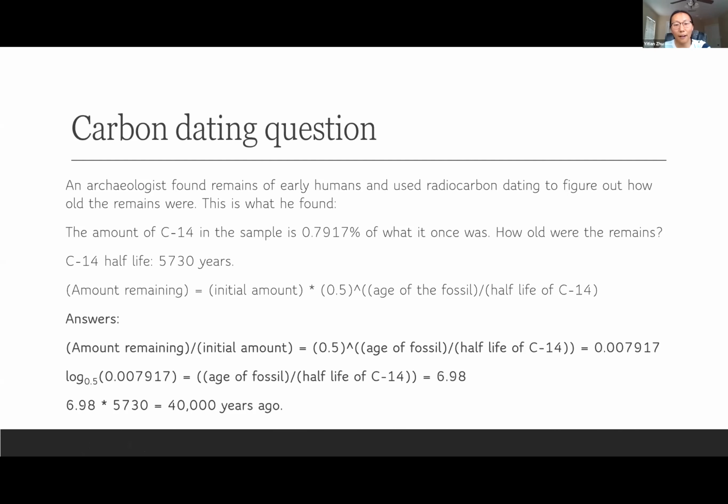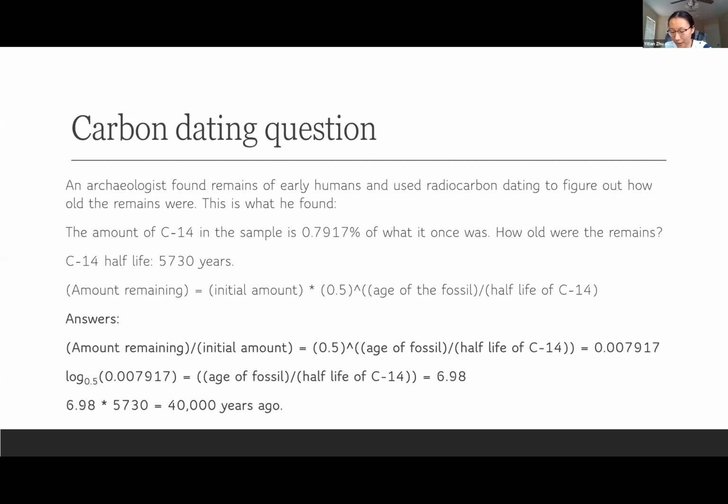So first you have to convert the percent to a decimal, so it'll end up being 0.007917. And so now we want to figure out 0.5 to the power of what is this 0.007917. And that's where you use a log function on your calculator.